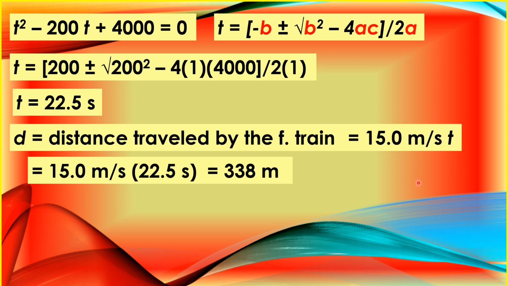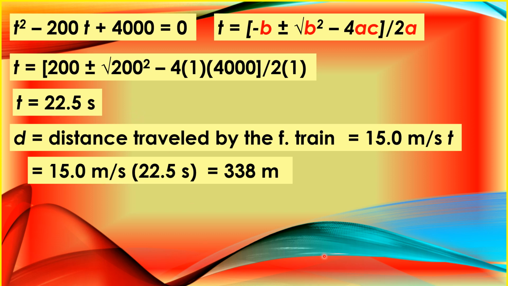Now this time elapsed of 22.5 seconds is also the time for the passenger train, from when the engineer of that passenger train started to apply the brakes until the time when it collides with the freight train. The time elapsed, of course, is also equal to 22.5 seconds.